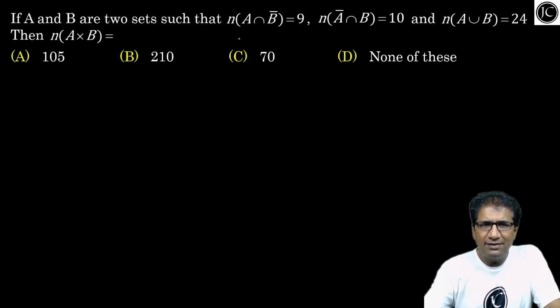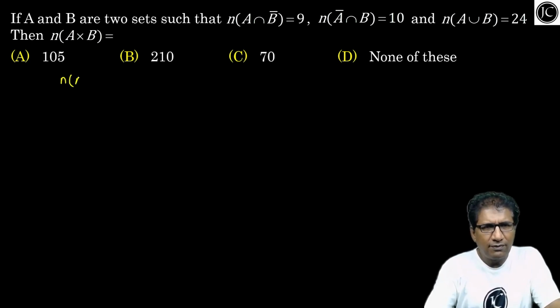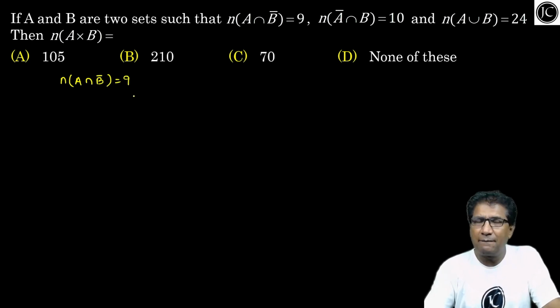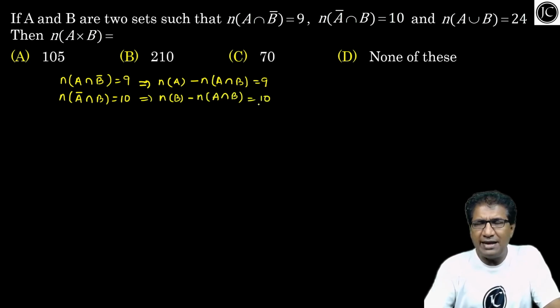So this problem. Here they have said that the cardinal number of A intersection B complement is 9. It means n(A) minus n(A intersection B) is 9. Moreover, we have been given the cardinal number of A complement intersection B equals 10, which implies n(B) minus n(A intersection B) equals 10, right?